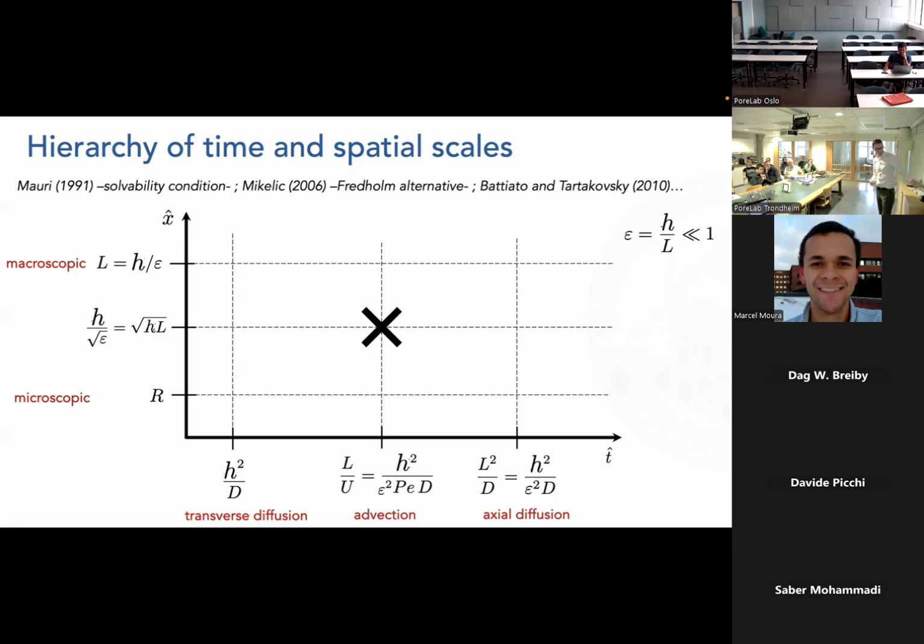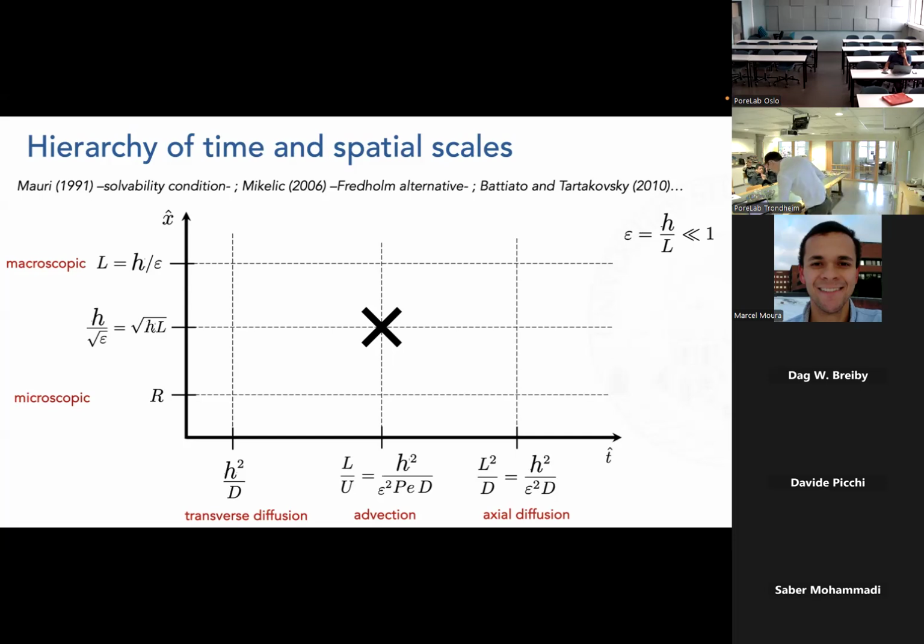So you cannot be at time scales which are too fast, on the same order of the transverse diffusion, but you cannot even be on time scales that are too big, like the axial diffusion. So in order to see the Taylor dispersion, you have to be on a length scale which is the geometrical mean of the two length scales, I still don't know why, and on a time scale which is controlled by the Péclet number. This is the only time scale where all this machinery of the Taylor dispersion actually works.